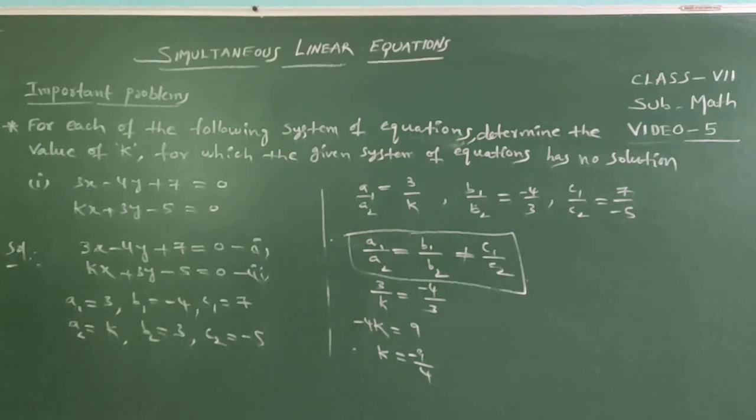That's why for the value of minus 9 by 4, the given system has no solution. The given system has no solution in this way. Okay, another example.